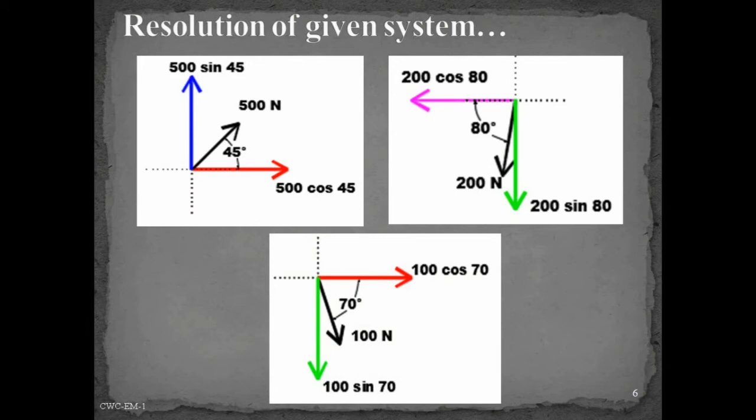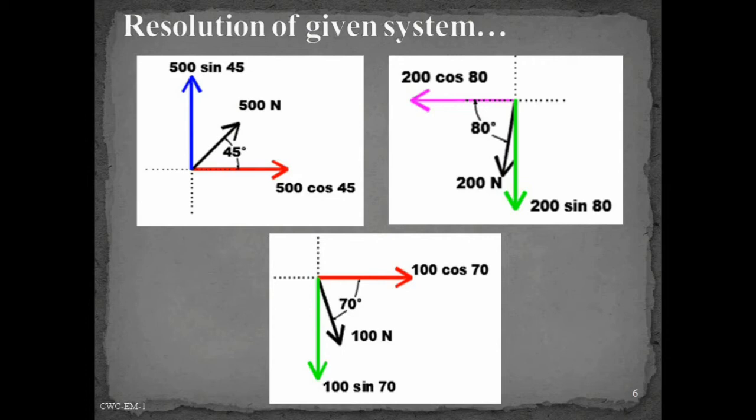The third one is 100 Newton inclined at an angle of 70 degree with the horizontal but in the fourth quadrant. The horizontal component is 100 cos 70 and the vertical component is 100 sin 70. The horizontal component is positive and the vertical component is negative in this case.